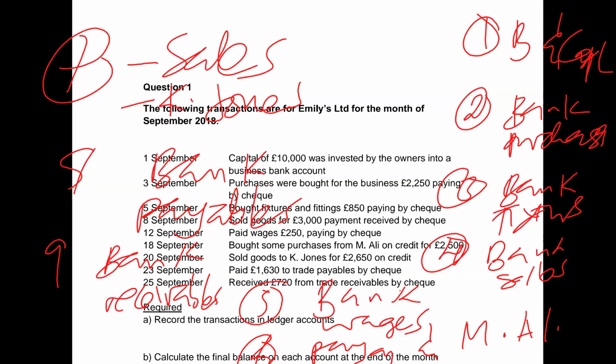Yes, I've already recorded that one. That was for bank. Then this one we sold on credit, it's a receivable. Whenever we sell on credit, we debit the receivables account. Why are you debiting the receivables account? It's an asset. You know that assets are debit.